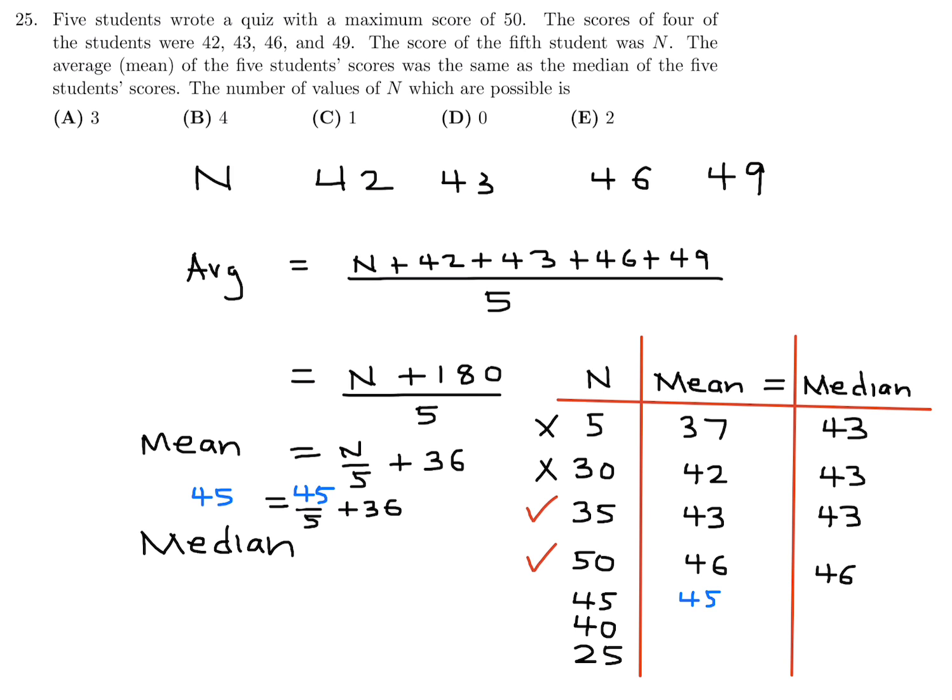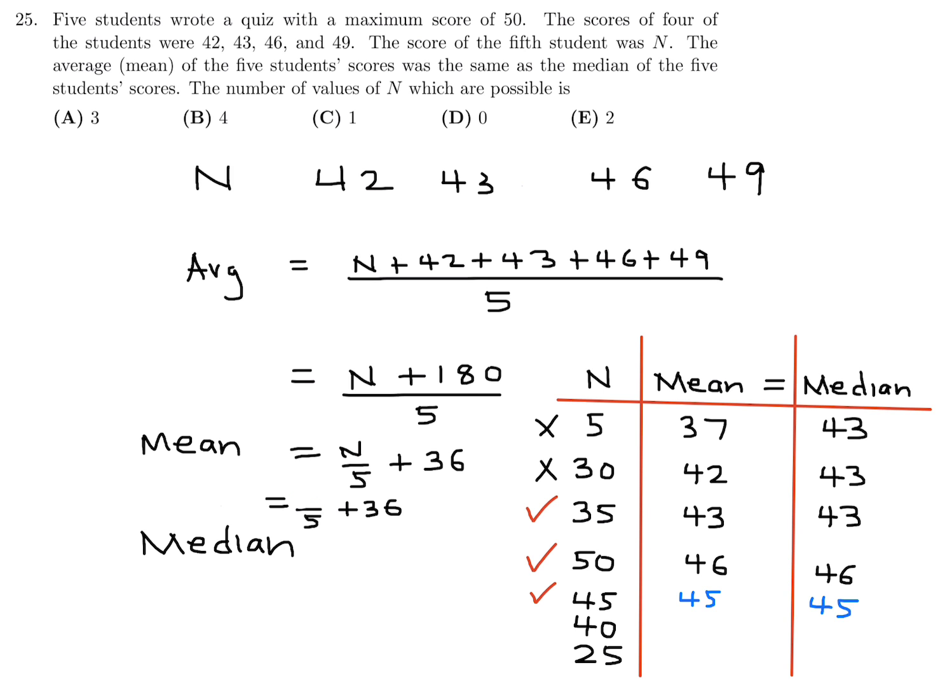And then what's the median if the value for n is 45? Well, the median is 45 also. Great. Look at that. See what I mean? By plugging in more values, you get another answer. I've got another value for which the mean is equal to the median. Let's keep going here. We'll probably only have to do a couple more, and we should be done with this question.